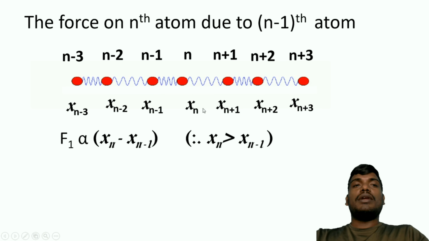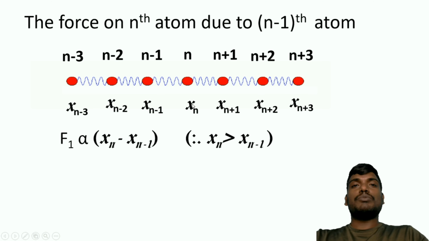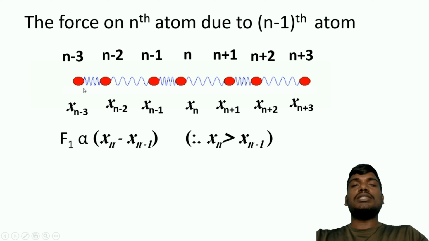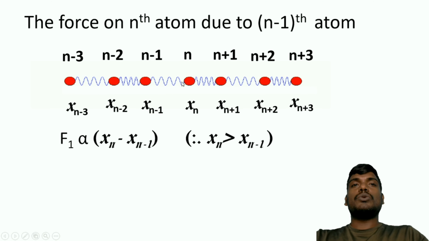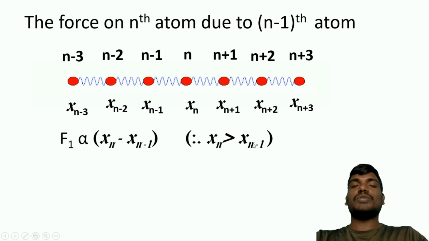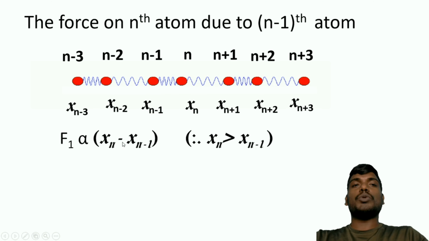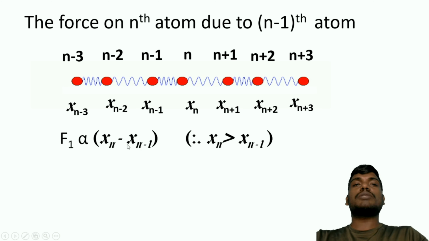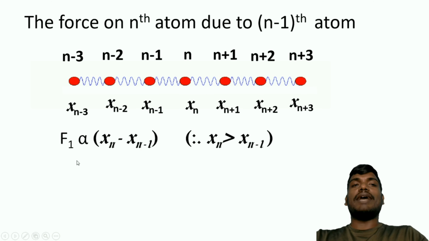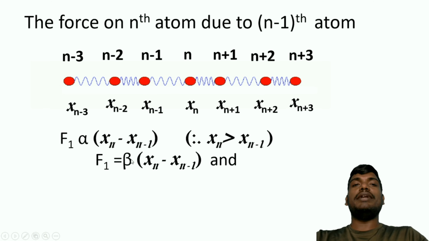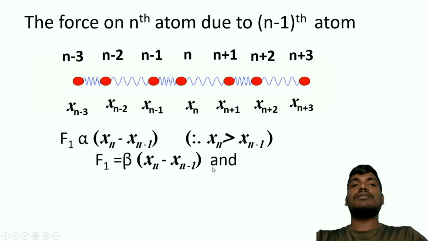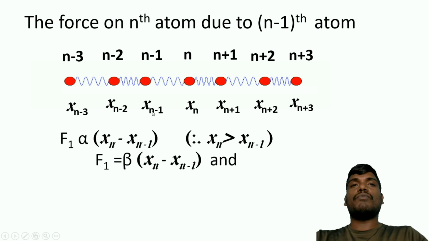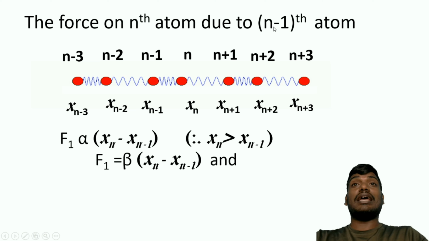Since x n is greater than x n minus 1, F1 is proportional to x n minus x n minus 1. Putting in the spring constant, F1 equals beta times x n minus x n minus 1. This is the force on the nth atom due to the n minus 1th atom.